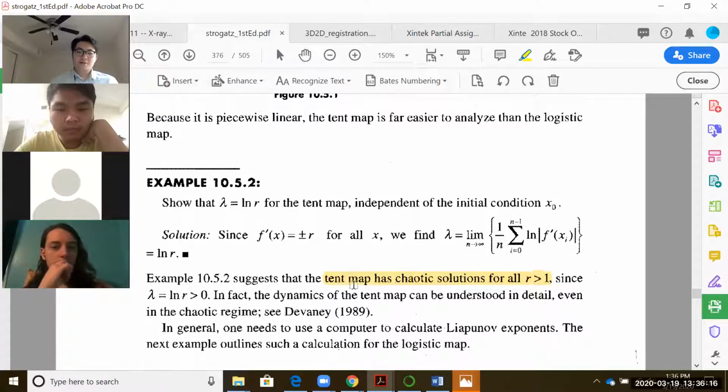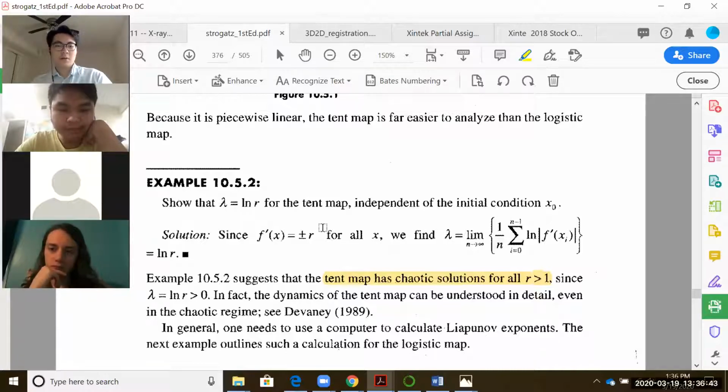So you say the map is chaotic for r greater than 1 because lambda is log r. Remember, for chaotic behavior, lambda is greater than 0. If it's a positive exponent, trajectories keep growing apart; if it's a negative exponent, they keep shrinking.